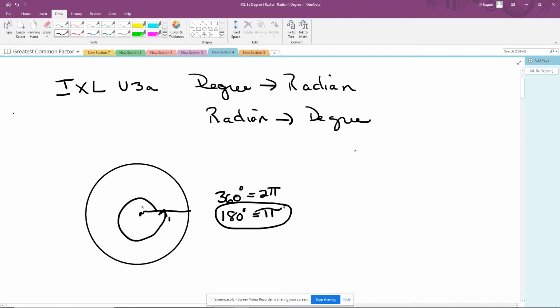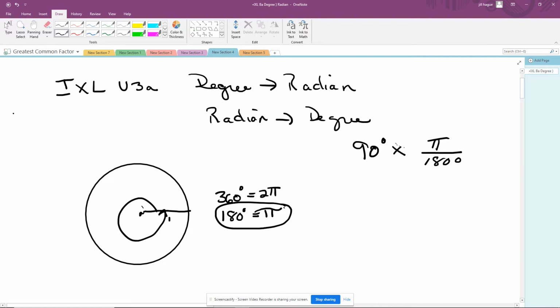So if I want to convert something like 90 degrees and I want to know how many radians that is, I'm going to multiply by a conversion factor. And I need the degrees to be on the bottom because I need them to cancel. So how many radians in degrees? Pi over 180. So we divide 90 by 180, we get 1/2.